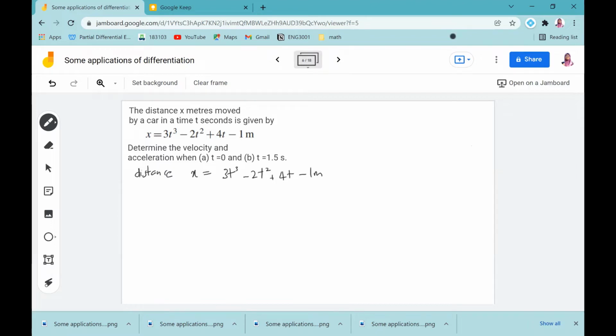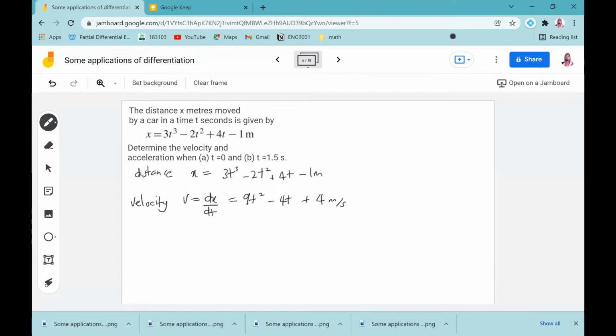And then velocity, which is v, is equal to dx over dt. So we differentiate x over t. We have 9t squared minus 4t plus 4 meter per second, because we differentiate over t.